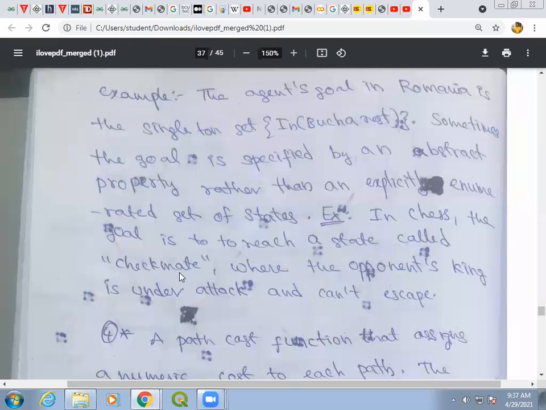Checkmate is nothing but the opponent's king being under attack and unable to escape. So there is a property here, yes or no? The property is that the opponent's king is under attack and he cannot escape. Then the goal is reached. Like this, the goal can be represented by a property or a set of states.